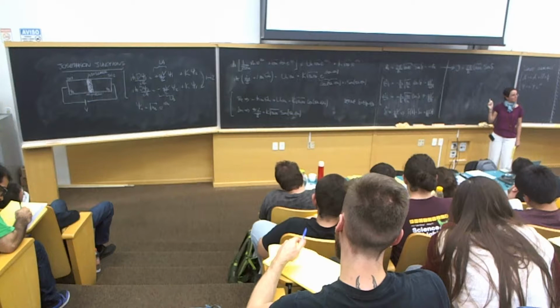And each junction here could have its own phase difference. Could be a delta A for the top one and a delta B for the bottom one. But now, on top of this phase that we get because of the junction itself, there is also the phase associated with the loop. And that's, again, intrinsically related to the flux across this loop. So how can we account or put all these things together?